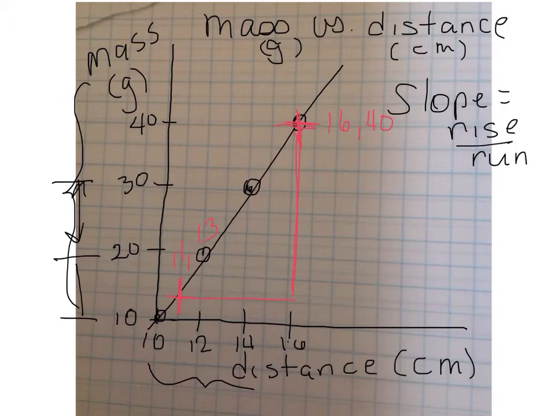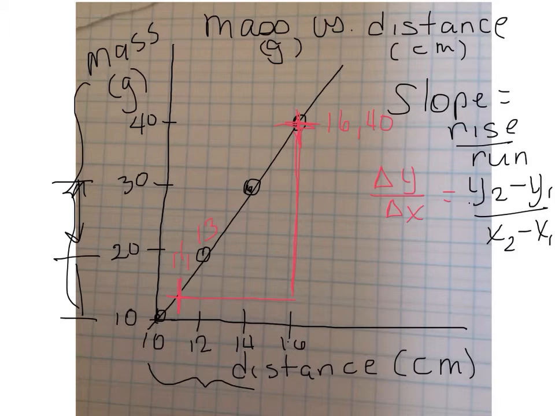So rise, how high it went, so that's the change in Y over the change in X, which is Y2 minus Y1 over X2 minus X1.